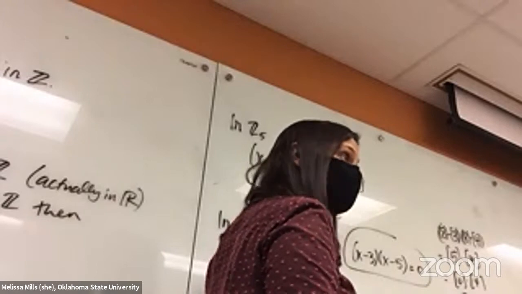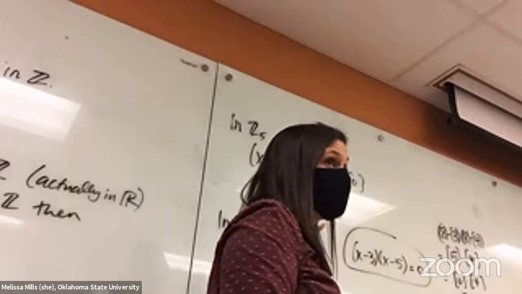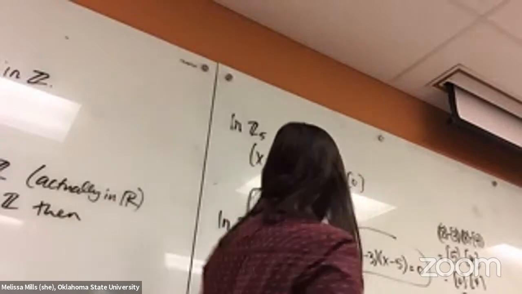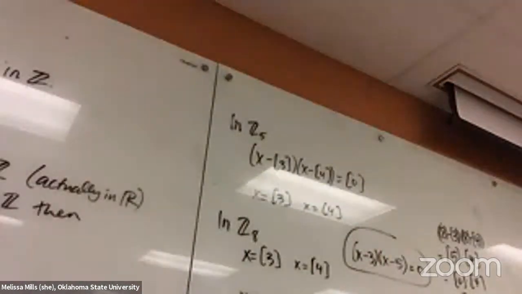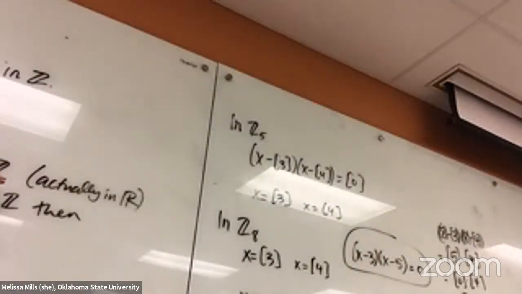So we have to be careful because Z mod 8 has 0 divisors. The reason that the 0 product property holds in Z is that Z has no 0 divisors, which we're going to talk more about with rings very soon. And so I can use that property to just solve it.